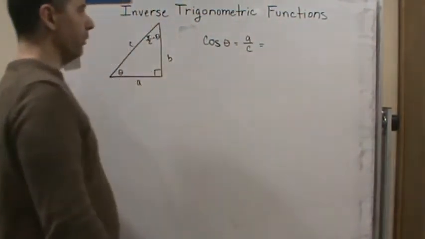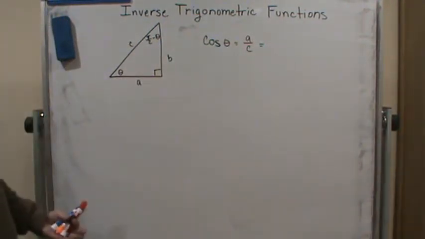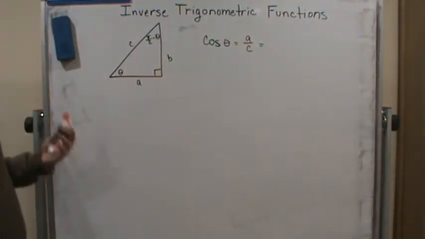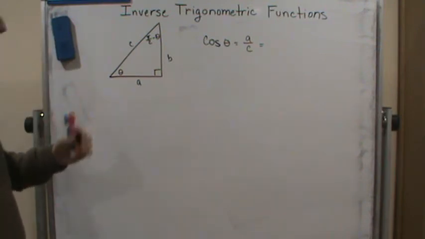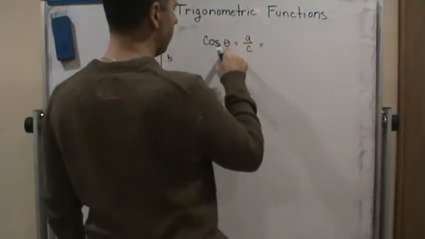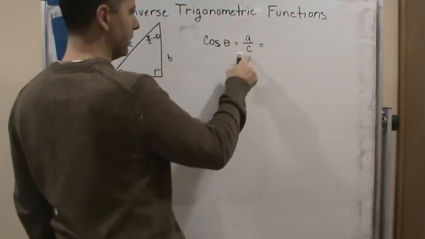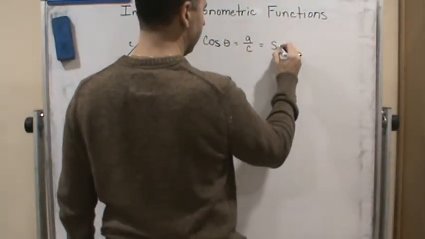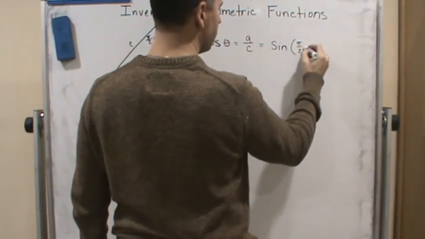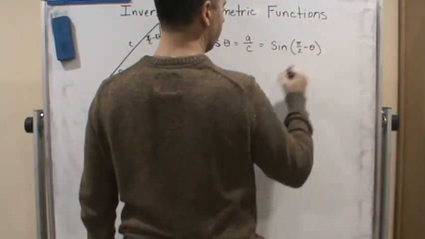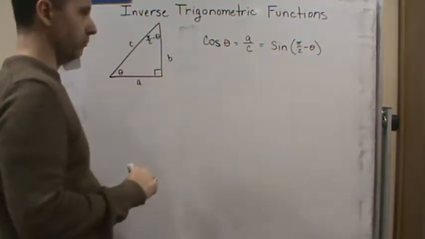Now I know that that is also equal to sine of the complement. Remember the cofunctions? So cosine theta is equal to sine of the complement, which would be pi over 2 minus theta.